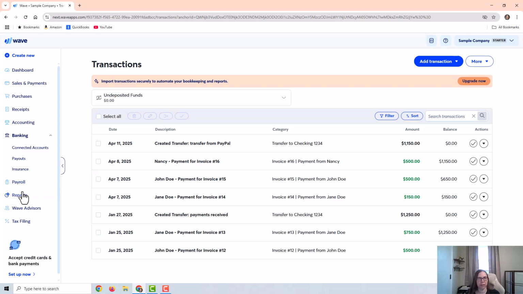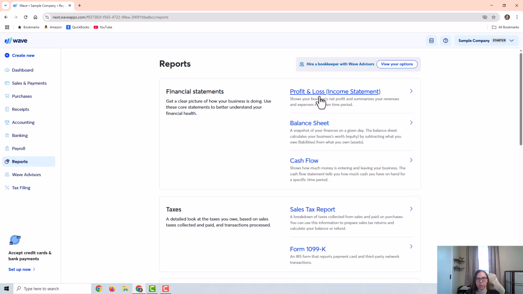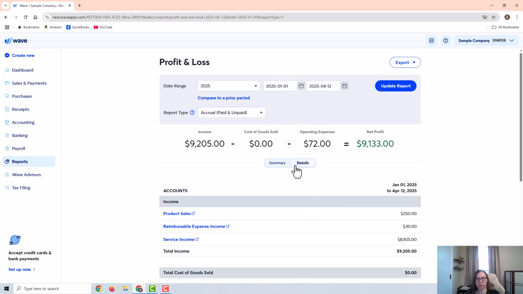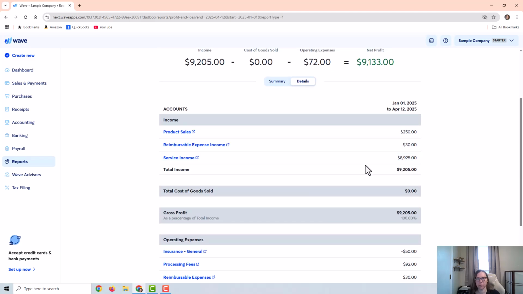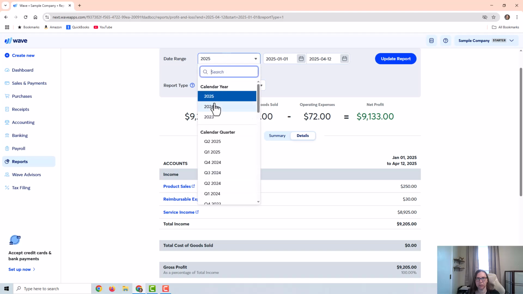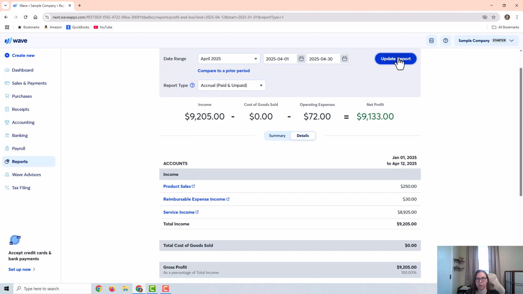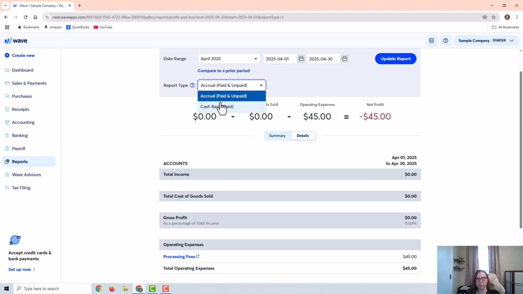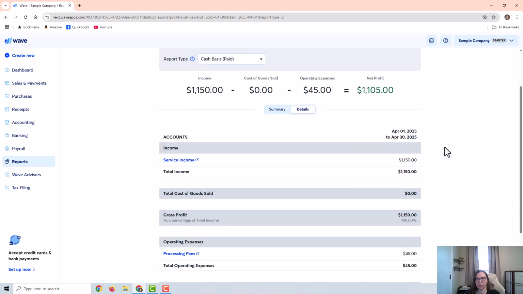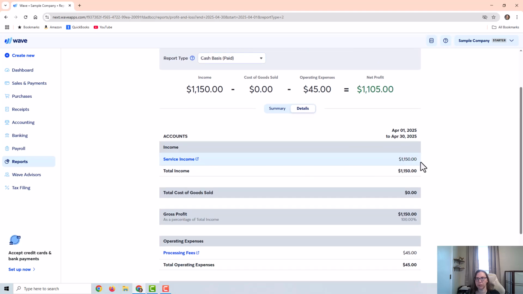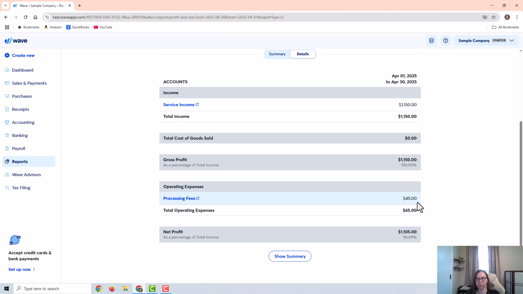So I'm going to go ahead and run that report. And I'm just going to do this month. So there is the $1,150. That was the total of the invoices, and minus the processing fees of $45, which is a net profit from those transactions of $1,105.